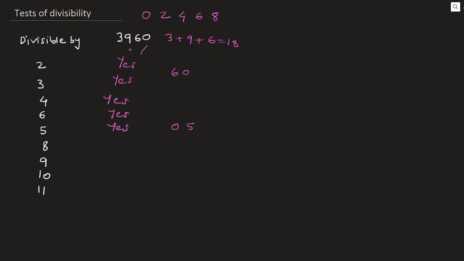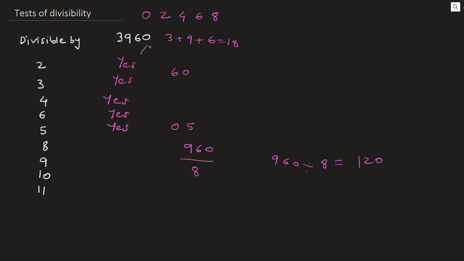Then by 8. I have to check the number formed by the digits in the hundreds, tens and ones place. So it is 960. If I divide this by 8, the answer is 120, right?